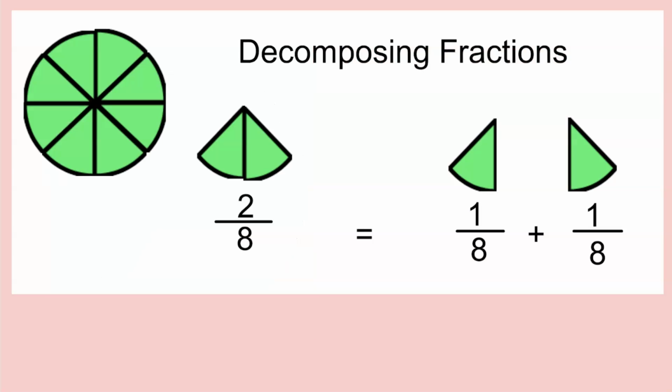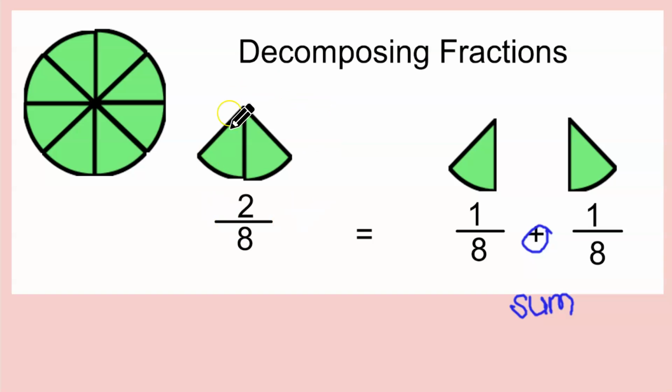Decomposing fractions means to break them apart into smaller pieces. Decomposing fractions into the sum of unit fractions. Sum means I'm adding. Unit fractions means I have 1 as my numerator.